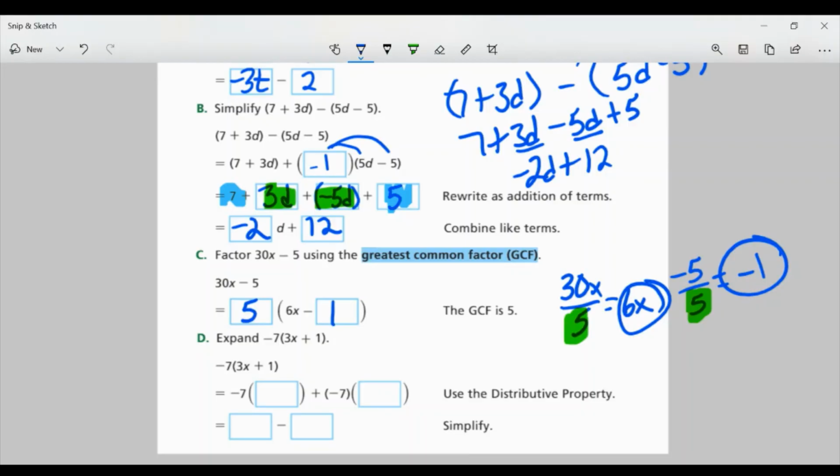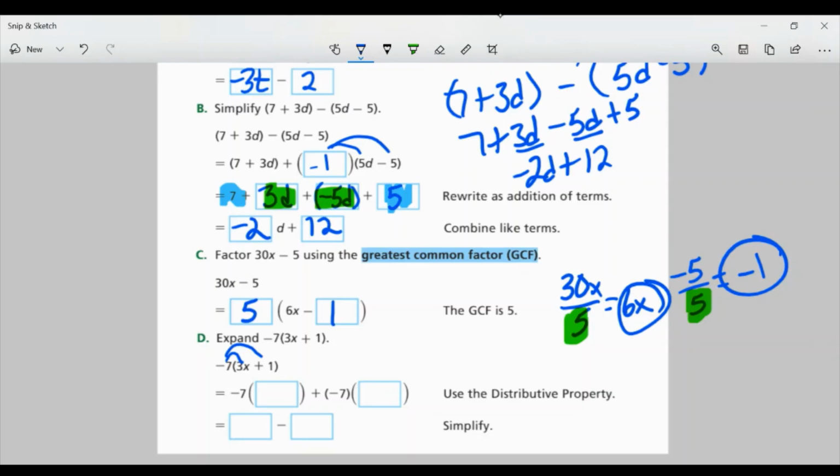Part D, expand negative 7 times, and we have in our parentheses 3x plus 1. So we're going to use distributive property. Okay, I want to multiply that negative 7 to 3x, and then I'm going to add it to what I get from multiplying negative 7 to positive 1. So I'm going to rewrite that down here.